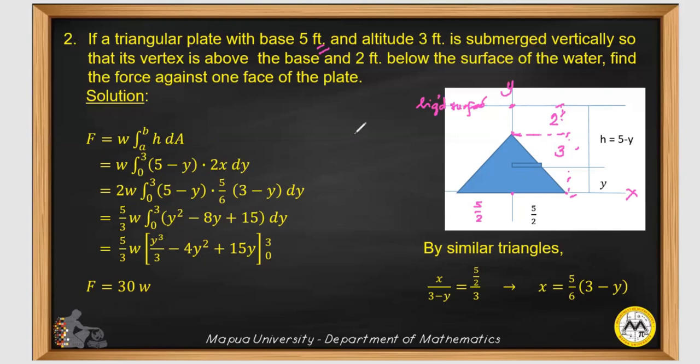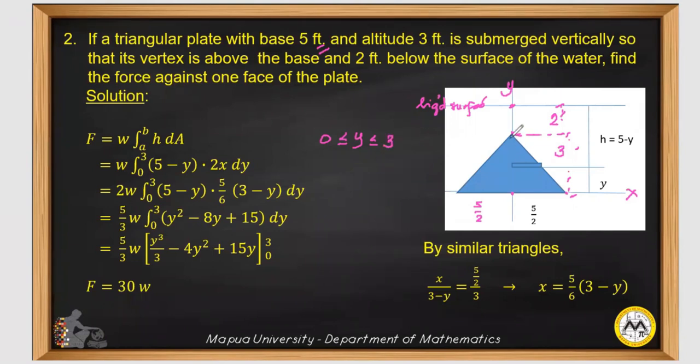So here, y will go from the x-axis, from 0, to 3 only, since we are just considering the triangular plate, the height of the plate. So y will go from 0 to 3.